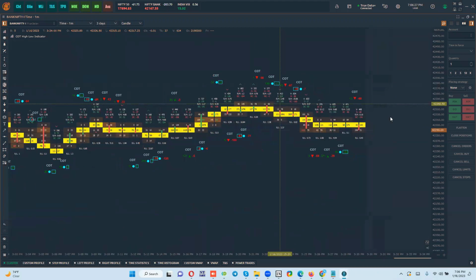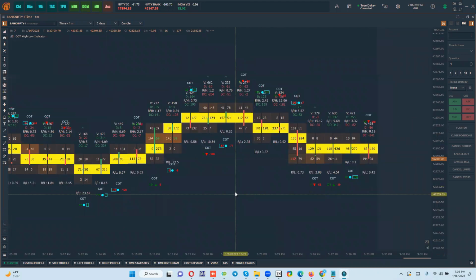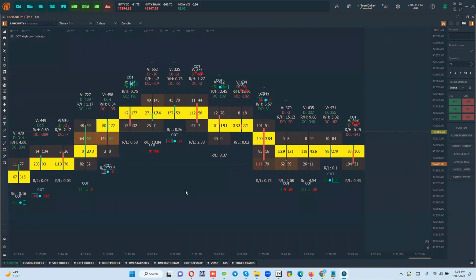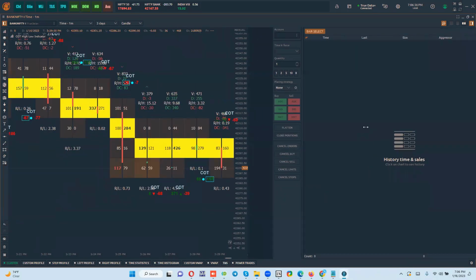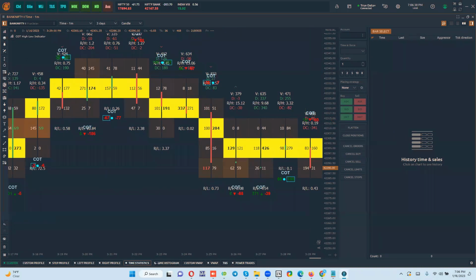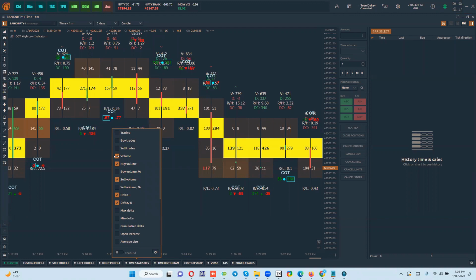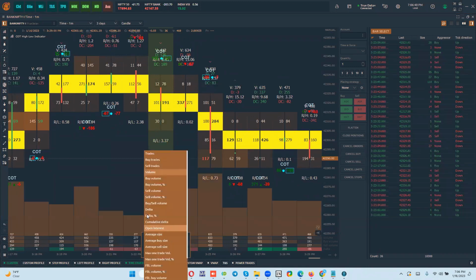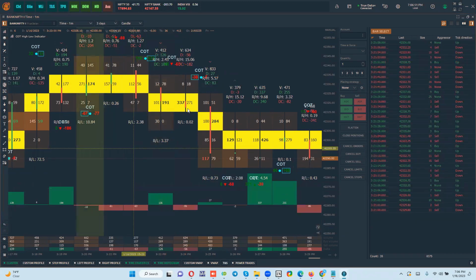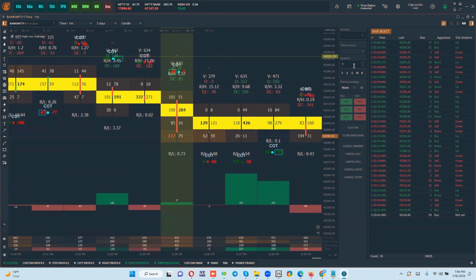This will be easier because we have fewer values. Now we can see exactly where the market was in the entire bar.